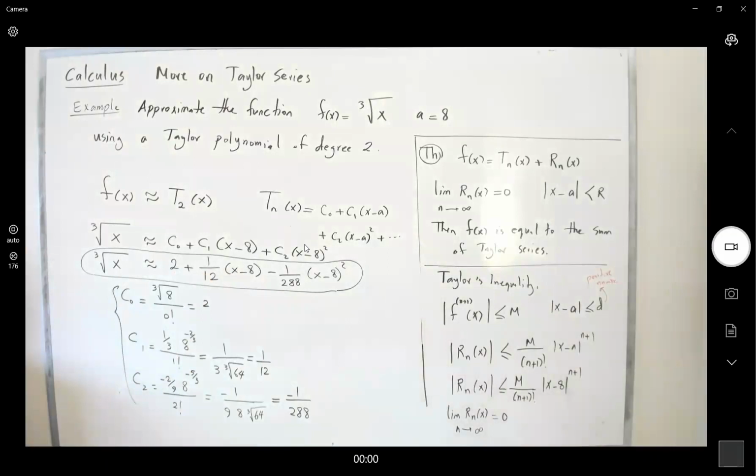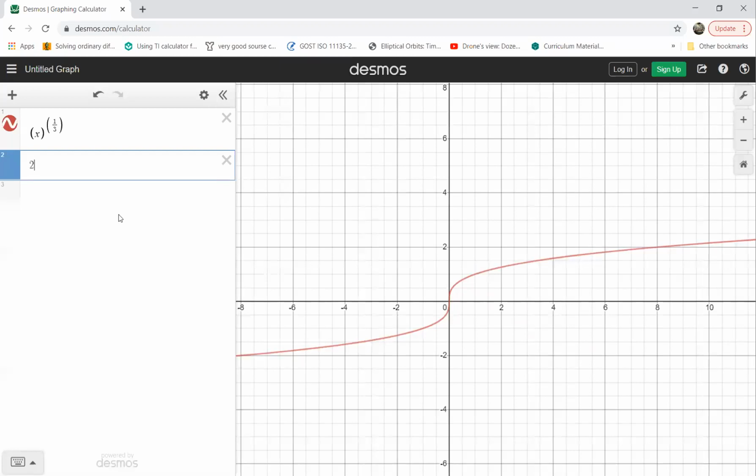Let's see. 2 plus 1 over 12, x minus 8. You get a line, a linear expression.